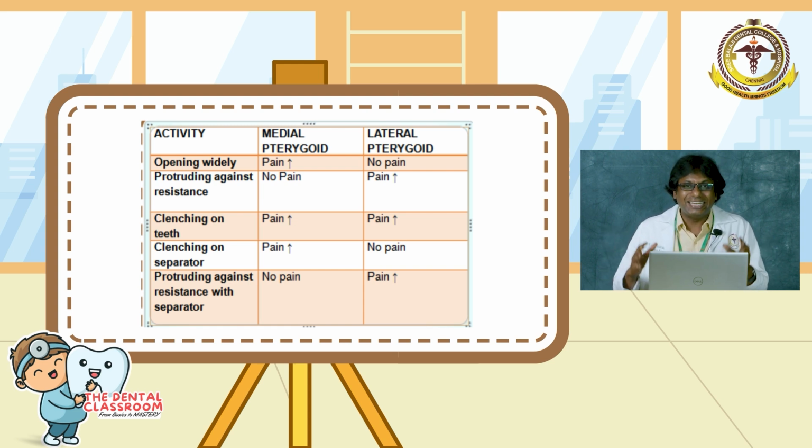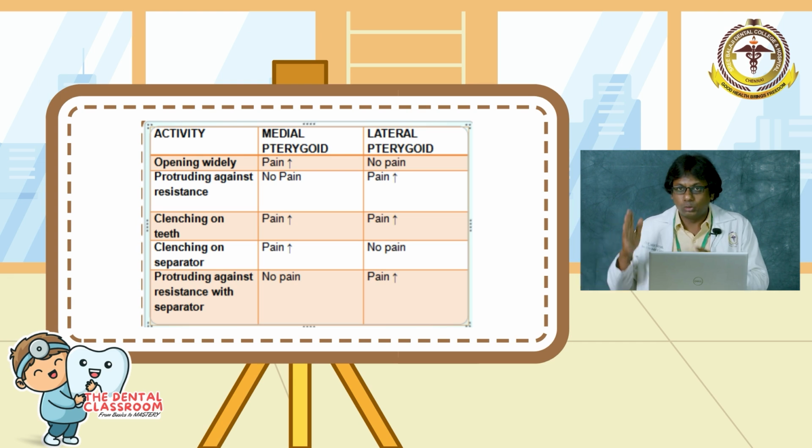If there is any pain associated with clenching of the teeth, clinically we have seen the masseter muscle palpated on clenching. Along with the masseter, the medial pterygoid muscle will also contract on clenching. Any pain that is elicited on clenching, possibly two muscles have to be evaluated.